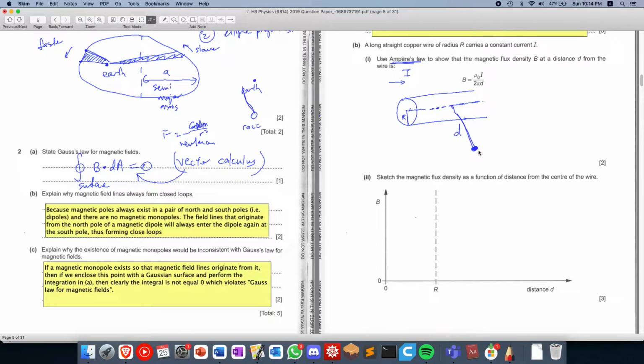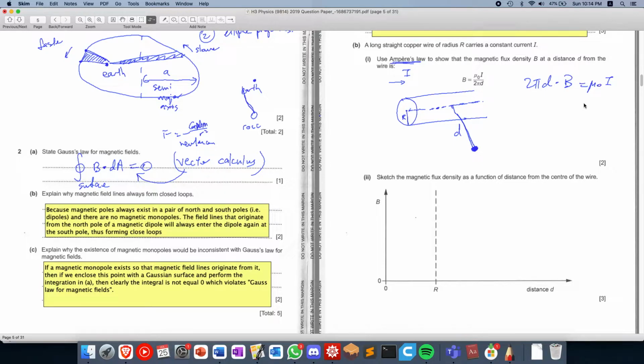So the magnetic field is a vector, indeed. I'm a bit hesitant to jump into the direct calculation of this, because actually it's as simple as 2 pi d times B equals mu naught I, and then you just rearrange.